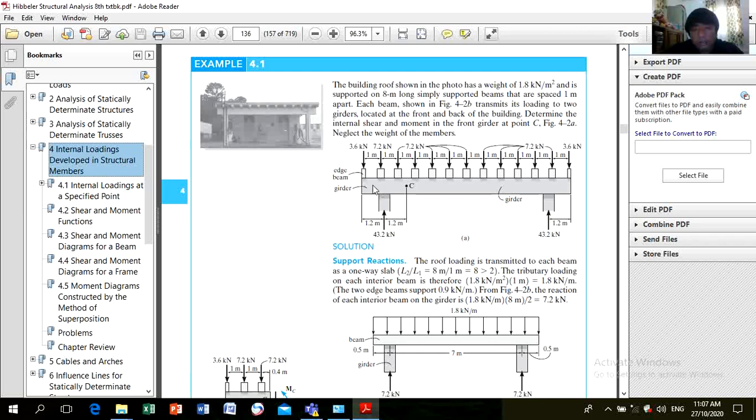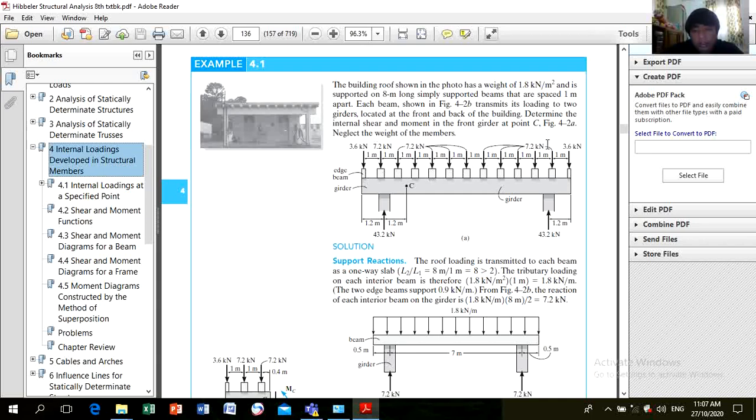Again, this is the girder. You have a beam, and each beam has a length of 8 meters, 8, 8, 8, 8.